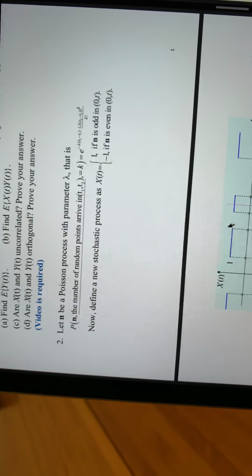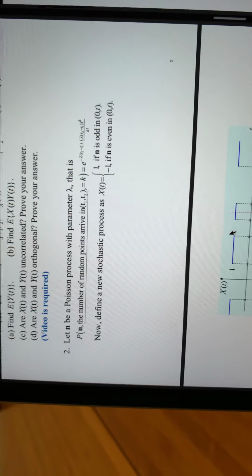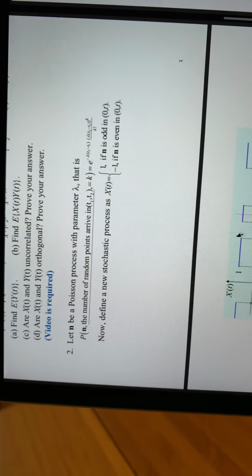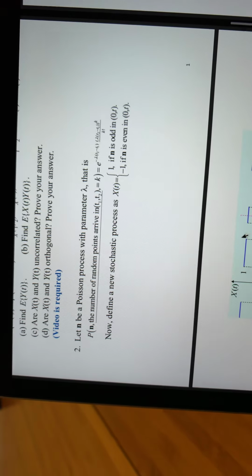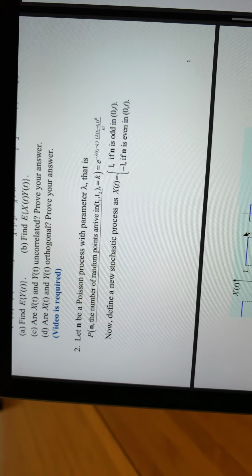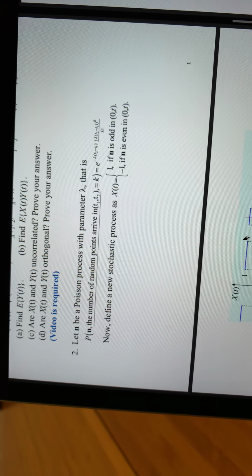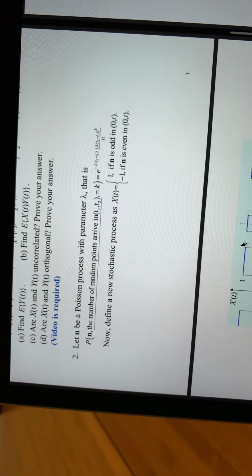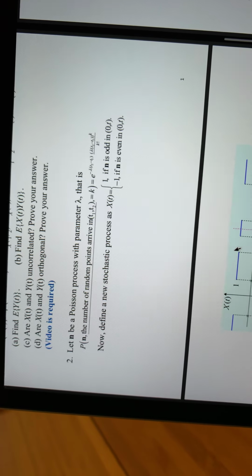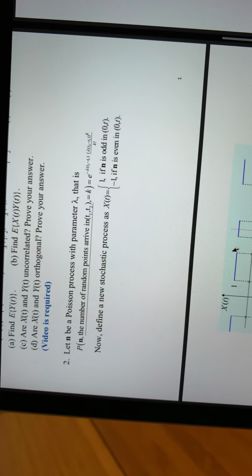We have a Poisson process N with parameter lambda. We define the number of random points arriving between the times t1 and t2 as k.